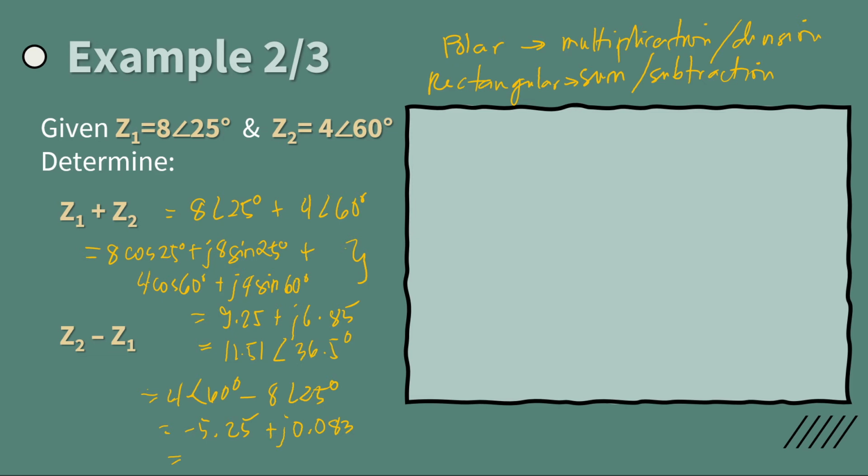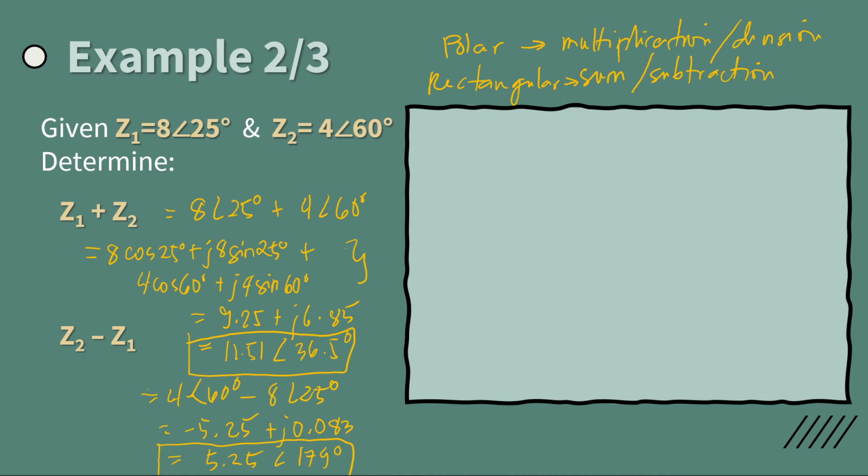So you have 5.25 angle 179 degrees. Okay, so you have the two solutions. As I said, you need to convert first to rectangular before you can solve it back to polar.